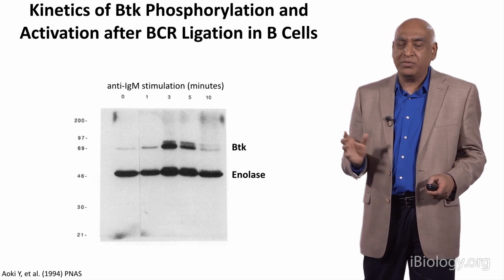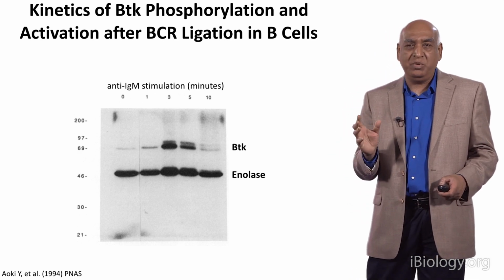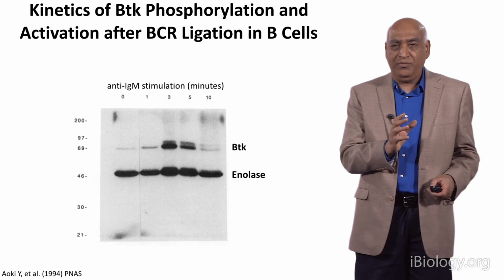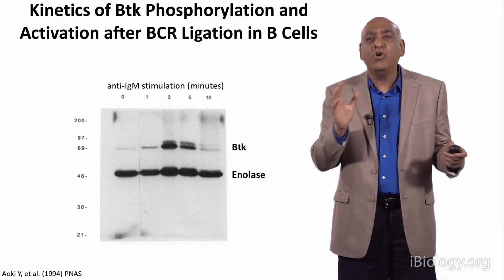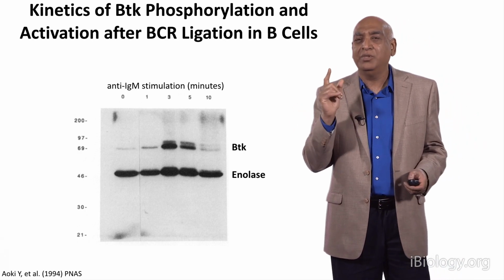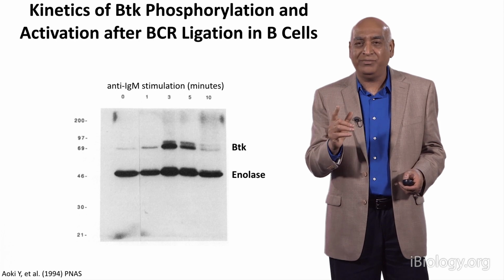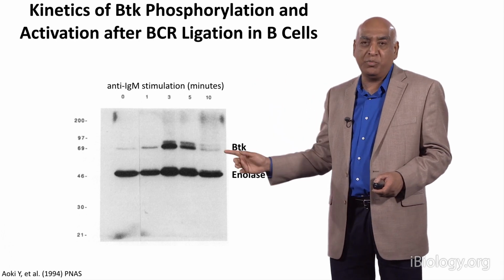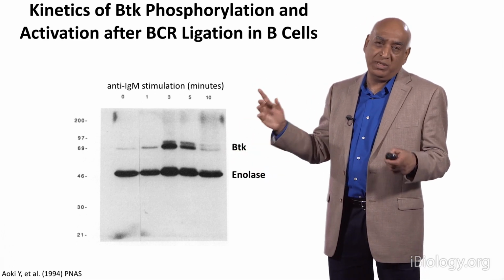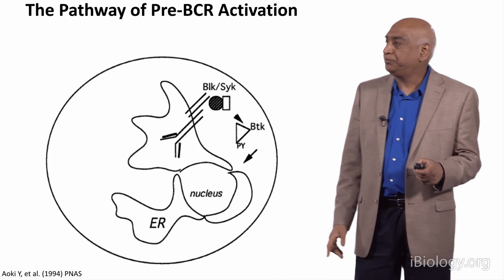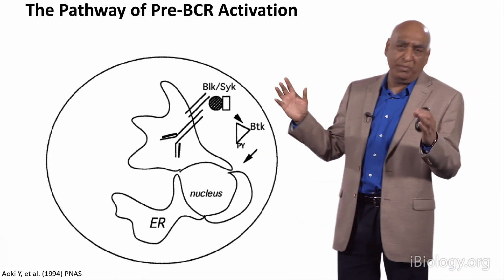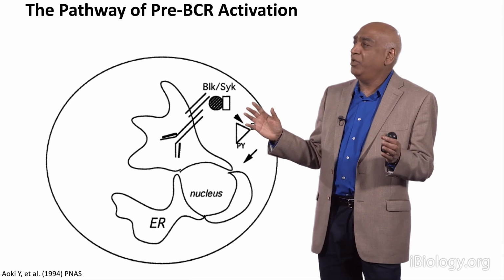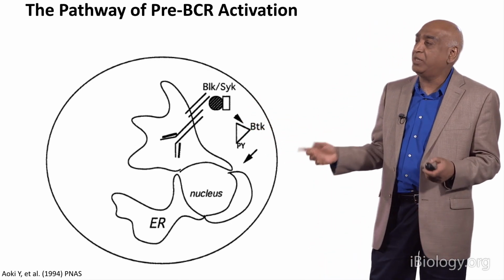So this made the connection between the human disease, where the pre-B receptor wasn't known to be defective, but we are saying now the pre-B receptor is defective because the pre-B receptor signals through BTK, and these boys are born with a defective BTK. So this was the broad pathway of pre-B cell activation we could think about at the time.